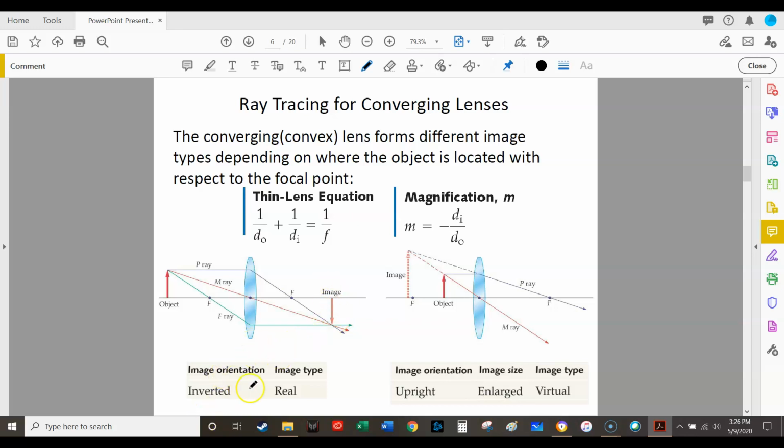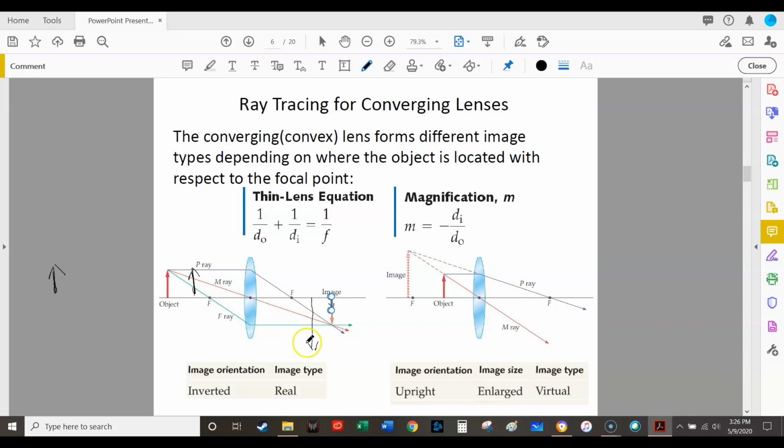Now, with this type of ray, when the object is really super far away, like let's say the object was way out here, really far away, well, this image is actually going to form really small. However, if the object is really close to the focal point, this image is going to be formed farther away and very large.